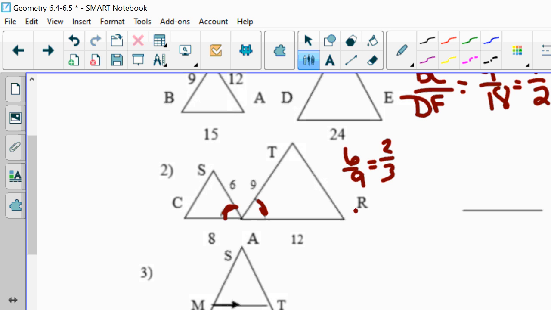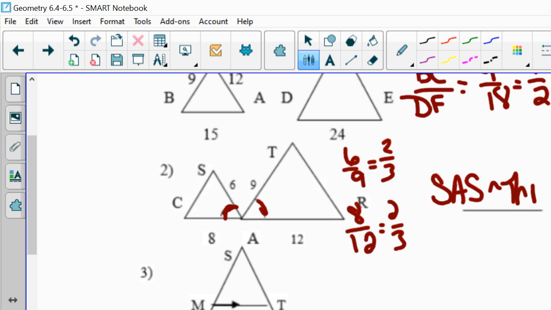So then I need to check the 8 over 12. Because number they have in common is 4, reduces to 2 over 3. So yes, these are similar again, but this time it's the SAS similarity theorem. I could say triangle SAC is similar to triangle TAR.